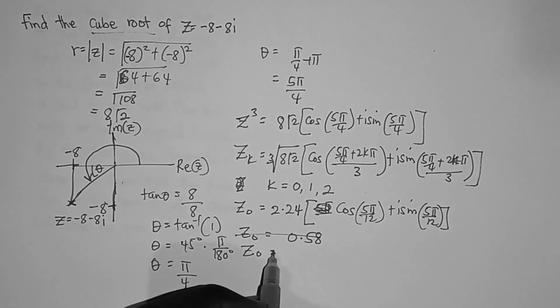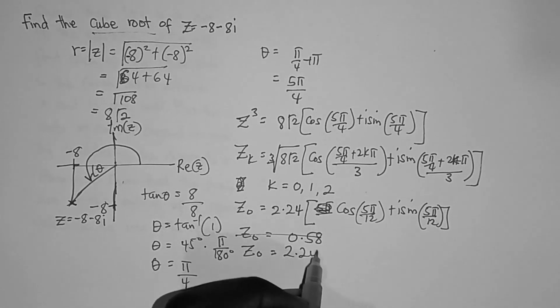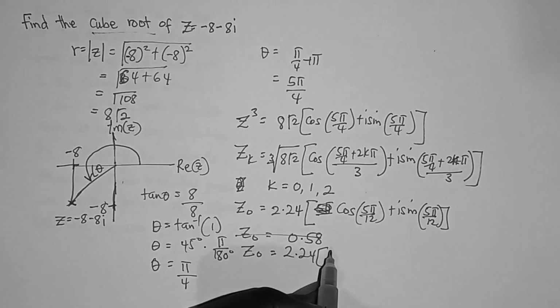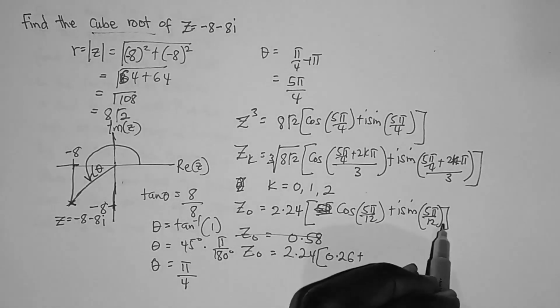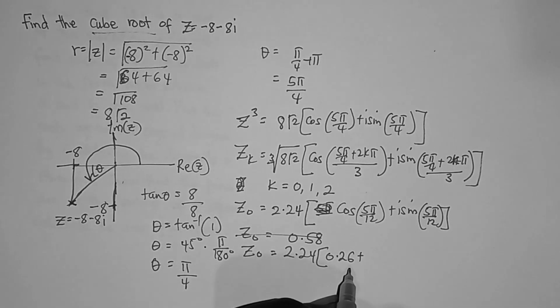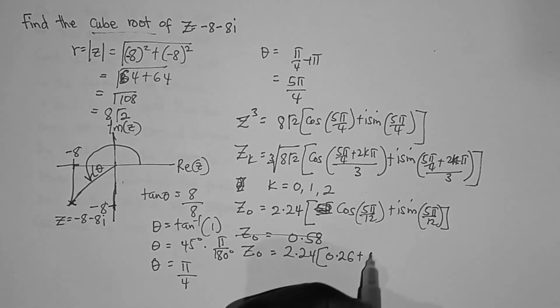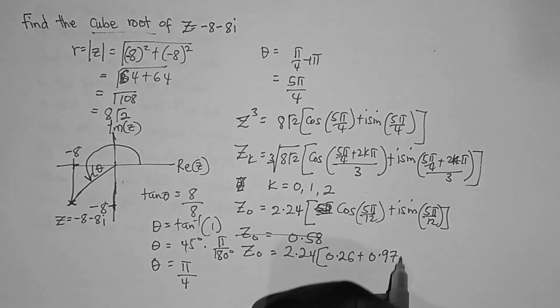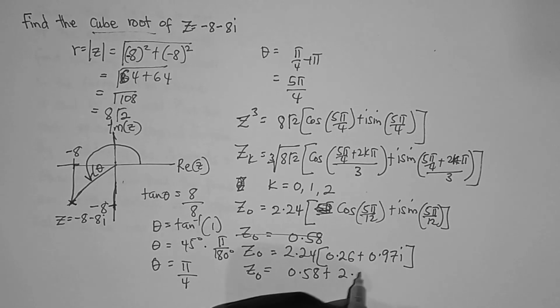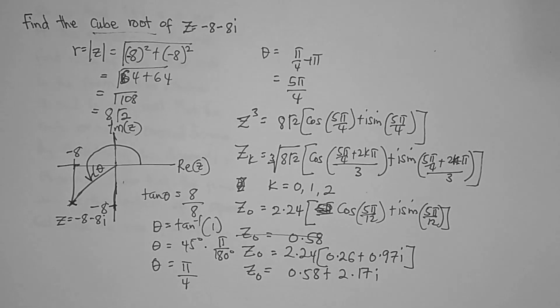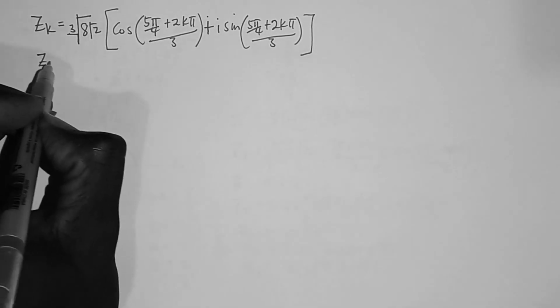So z of 0 is equal to 2.24 times cos 5 pi over 12, which is 0.26, plus sine 5 pi over 12, which is 0.97i. So if you multiply by 2.24, then z of 0 will give 0.58 plus 2.17i.